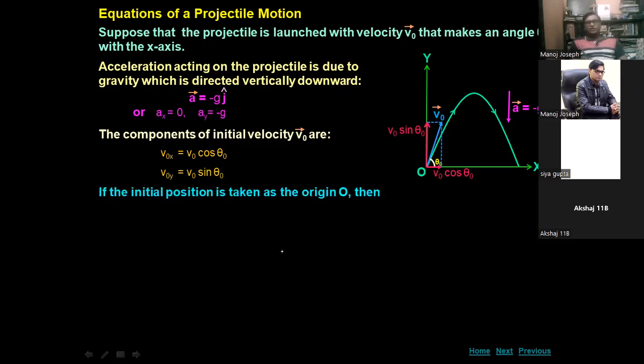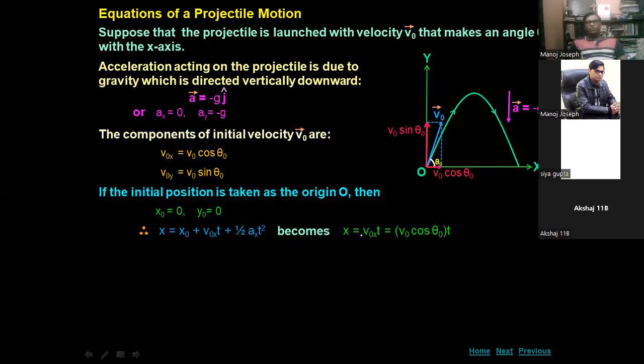So if the initial position is taken as the origin for the projectile, then at the origin both displacements are 0. So x0 is 0, and y0 is also 0 at the origin. Now we will apply this formula: x is equal to x0 plus v0x t plus half a t square. Or we can simply apply the second equation of motion.